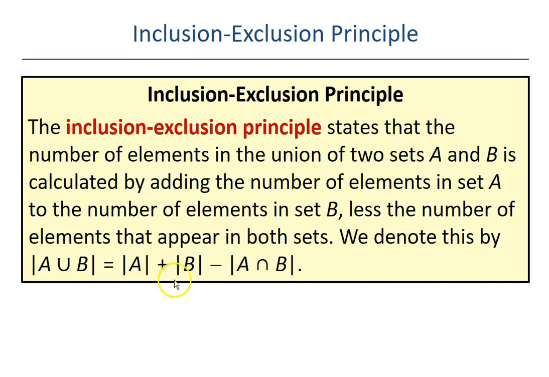So through this process of subtraction, we're subtracting the intersection because we're counting them, we can't count them twice.